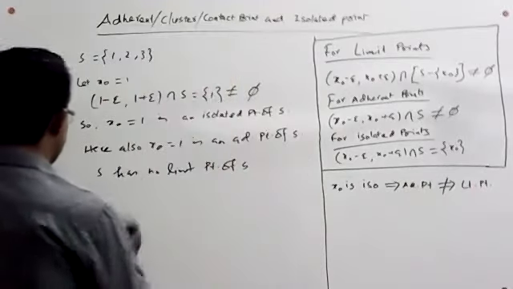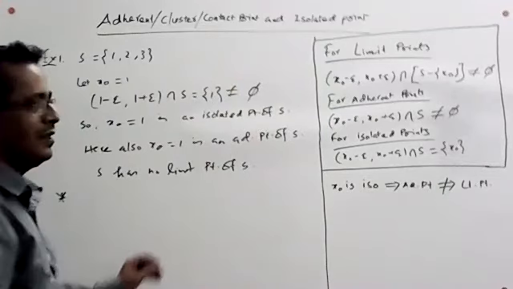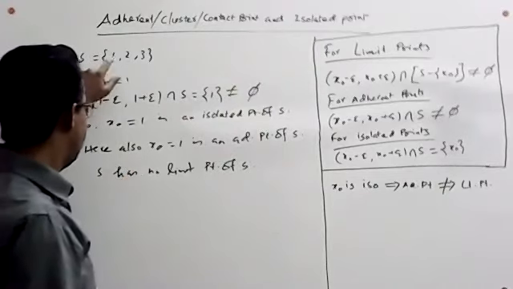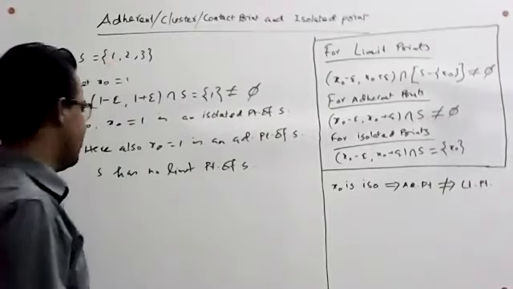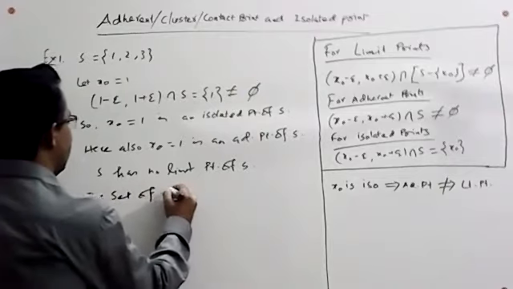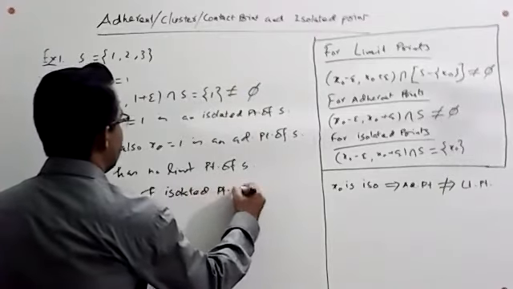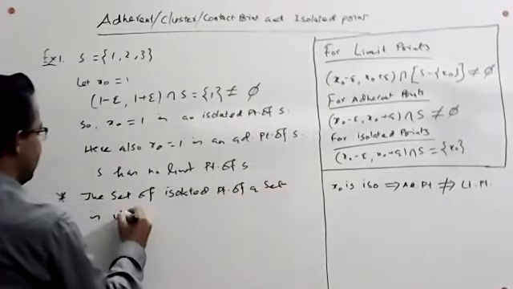Here is an important observation. If a set has isolated points, then all of its elements will be isolated points of this set. So we can say that the set of isolated points of a set is itself.